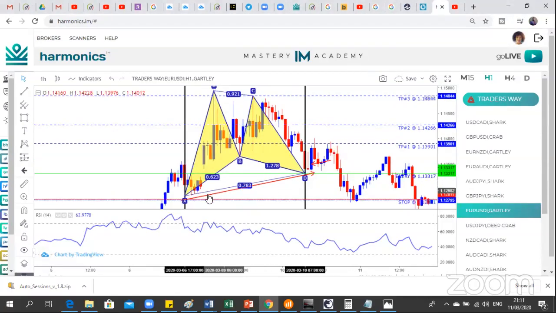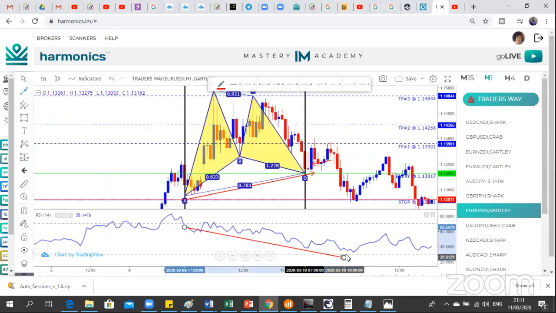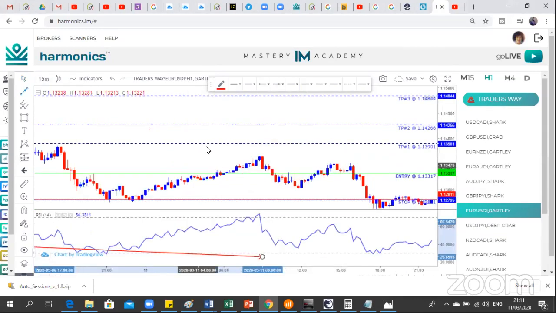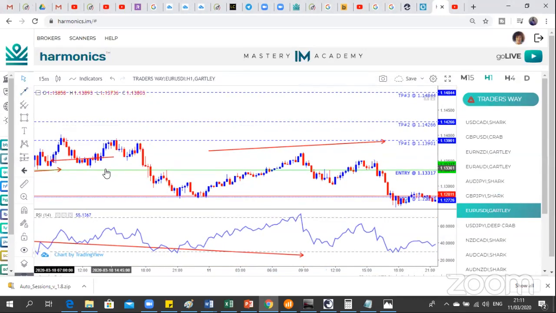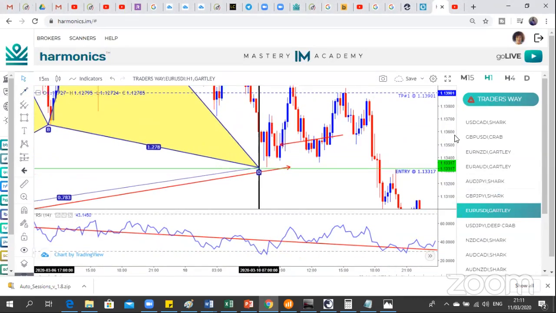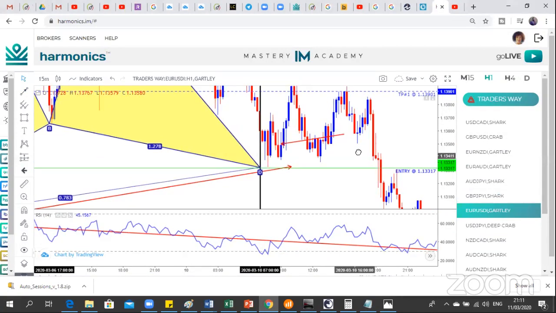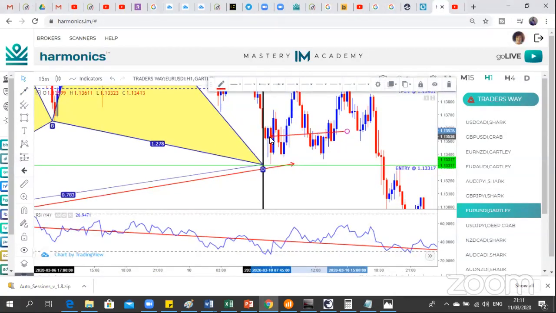This is divergence. It's going up here. It's coming down here. Okay. Change to 15 minutes candle. So this is your confirmation candle.